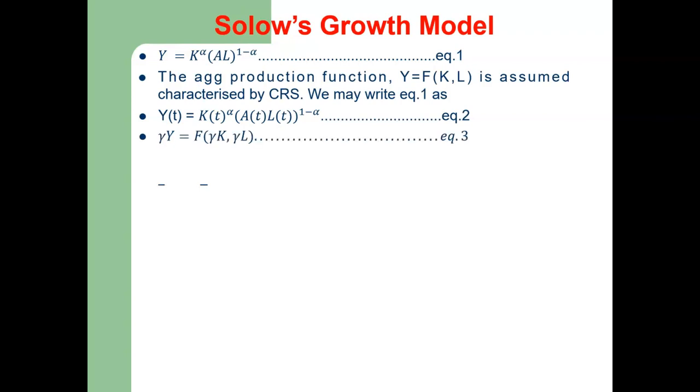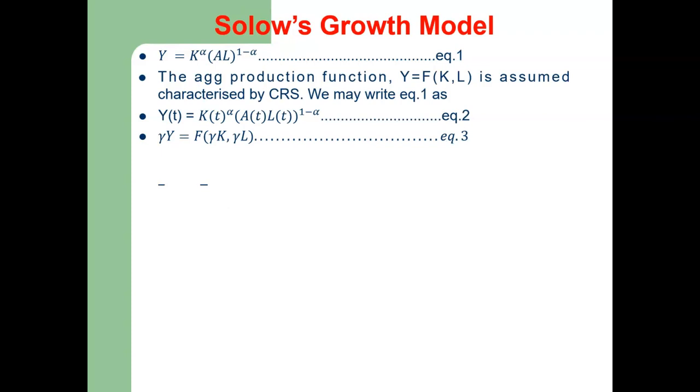Alternatively, we can write this equation as homogeneous of degree lambda, which shows constant returns to scale. This means that if both labor and capital are increased by a constant factor lambda, then the output will also be increased by lambda, which is some positive number.